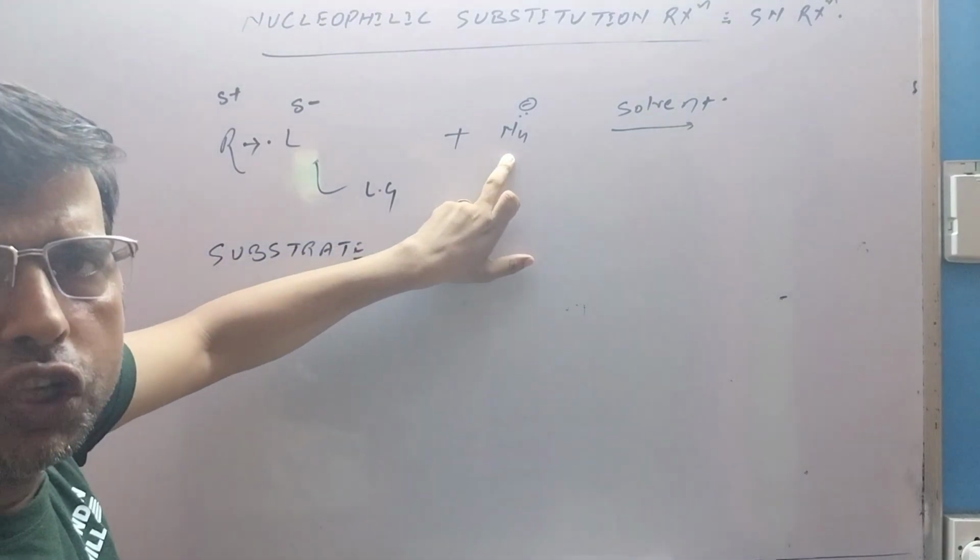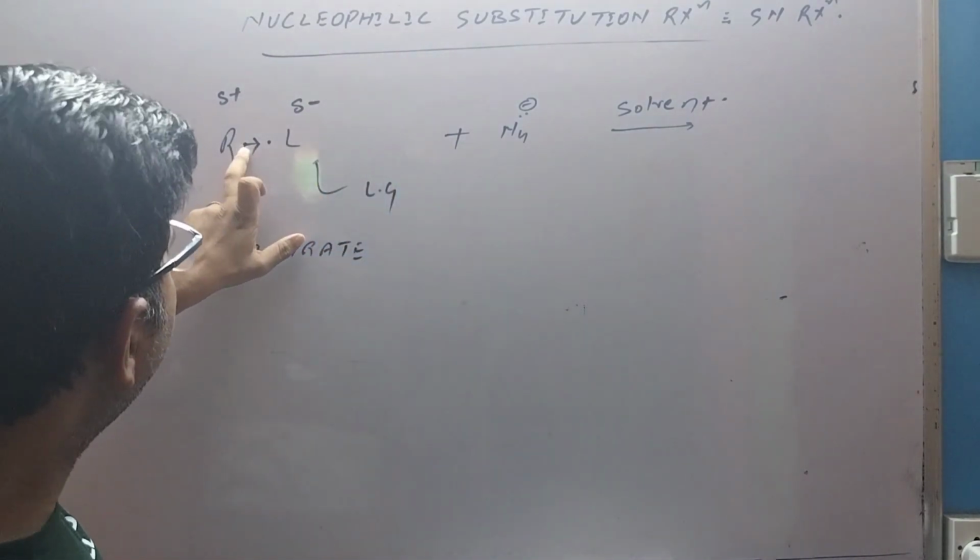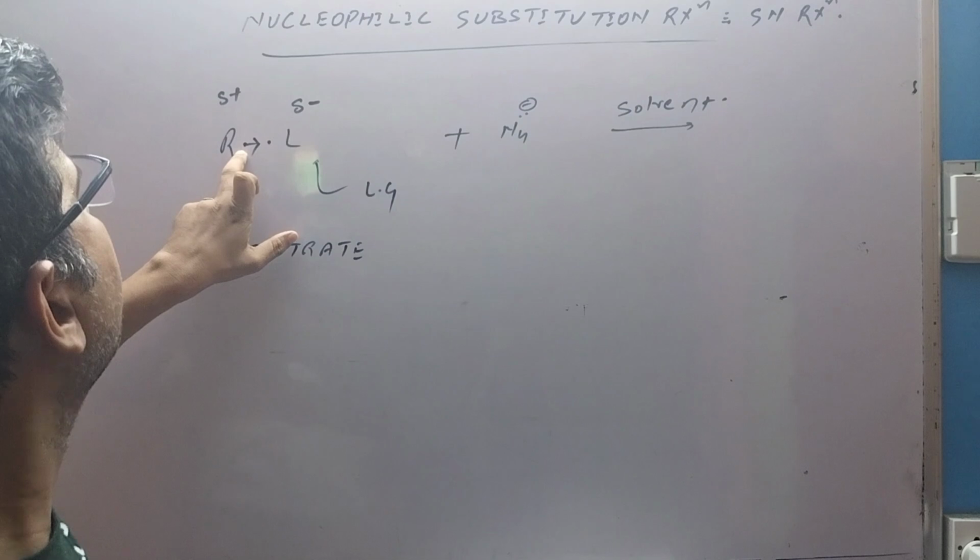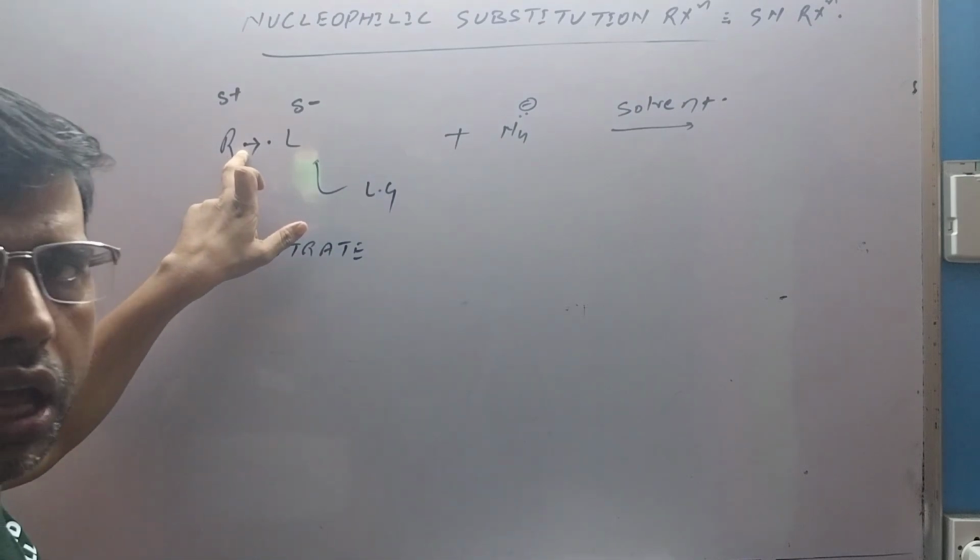Nucleophile, as we know, is electron rich. The leaving group is bonded with carbon. R usually stands for alkyl.